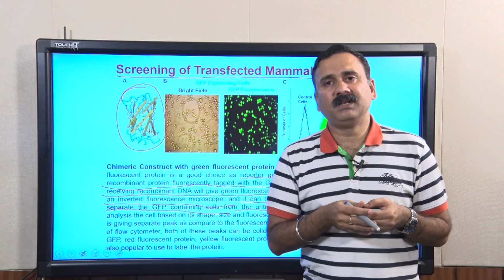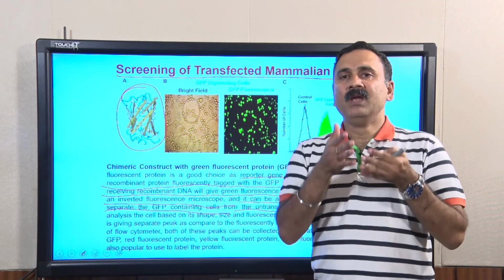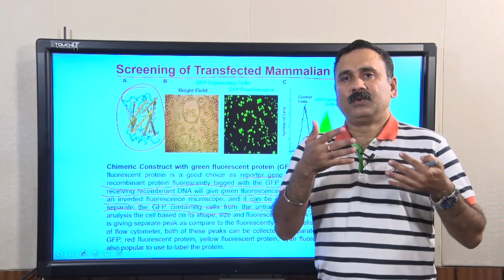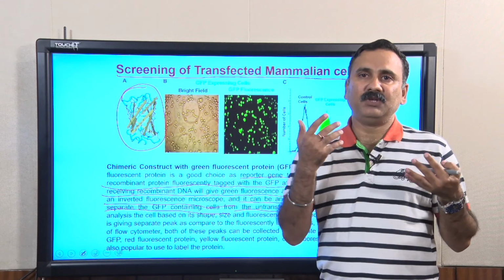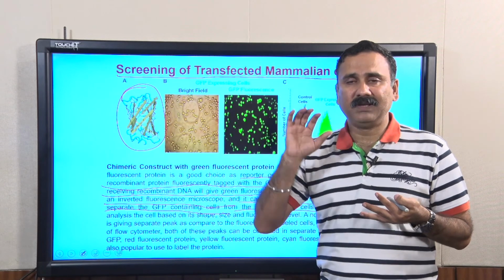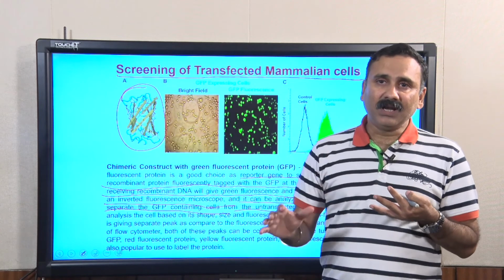A flow cytometer is an instrument which separates cells based on the fluorescence, and also based on the size and shape. So, you can select the cells based on the size and shape, and then you can measure the fluorescence. If the cells are showing the green fluorescence, you can ask the instrument to collect these cells.